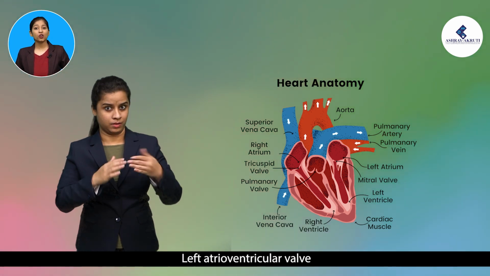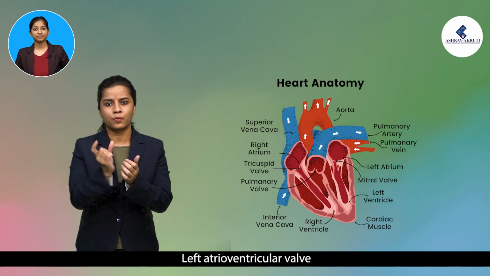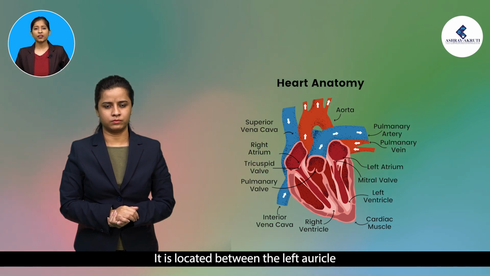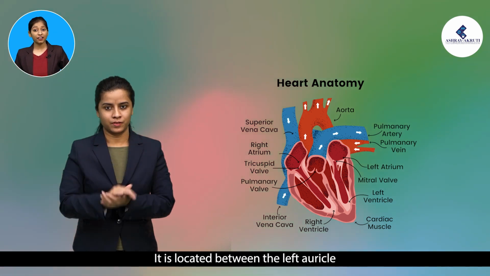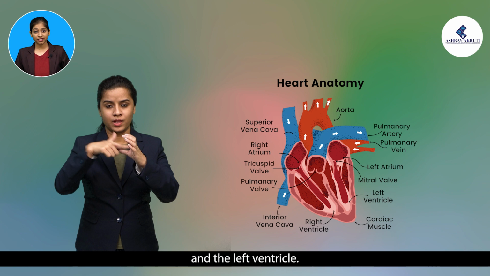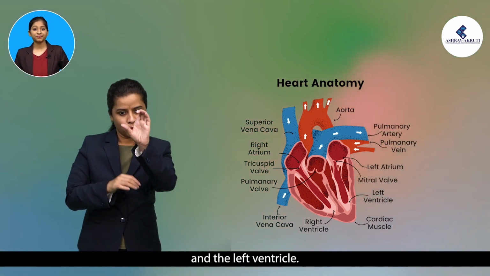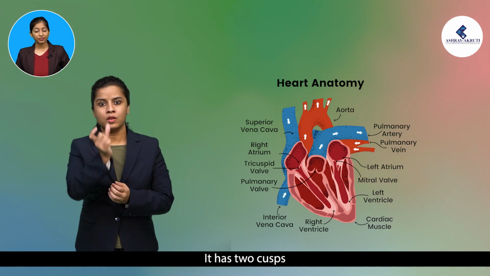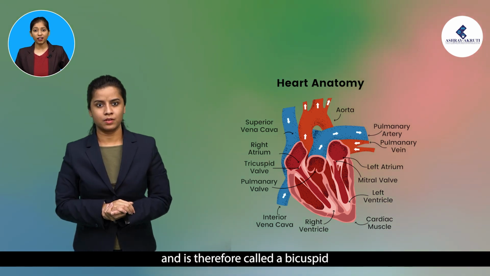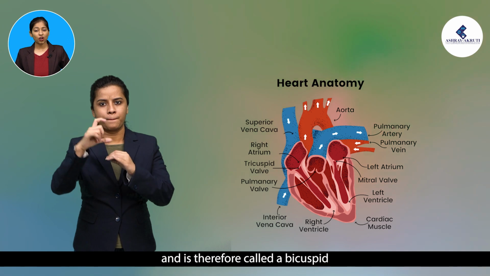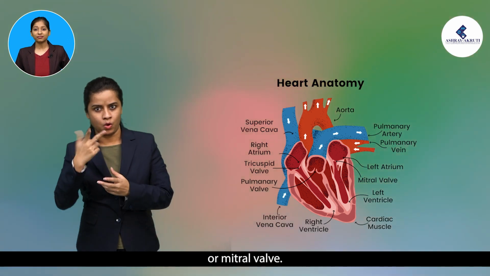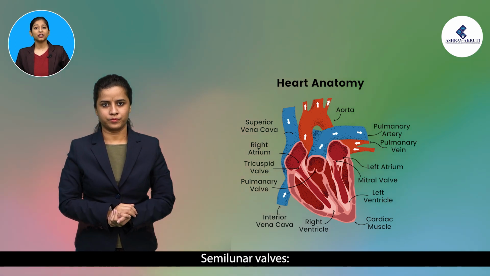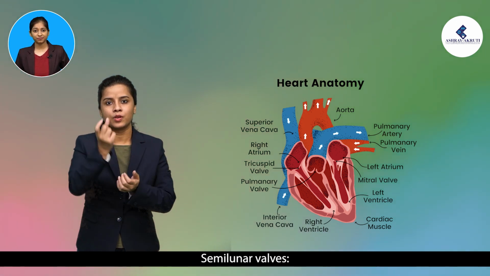Left atrioventricular valve. It is located between the left auricle and the left ventricle. It has 2 cusps and is therefore called a bicuspid or mitral valve. Semilunar valves.